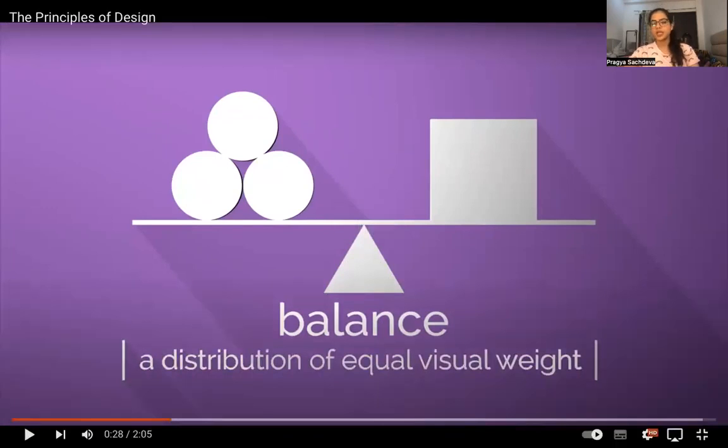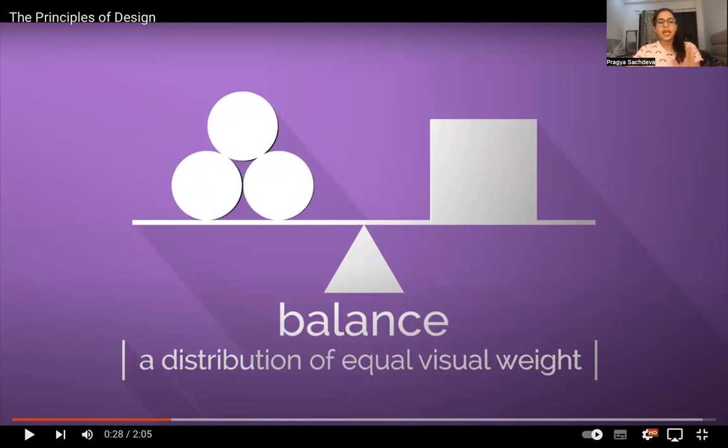The first principle is balance. I want you to note down these principles if it is accessible for you guys too. The first principle of design is balance. A distribution of equal visual weight.